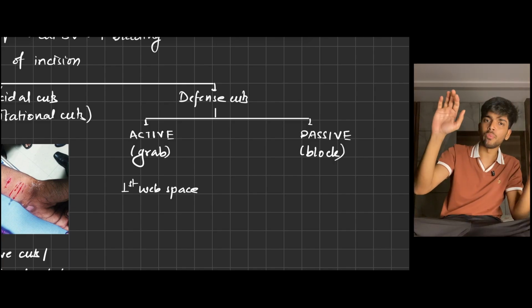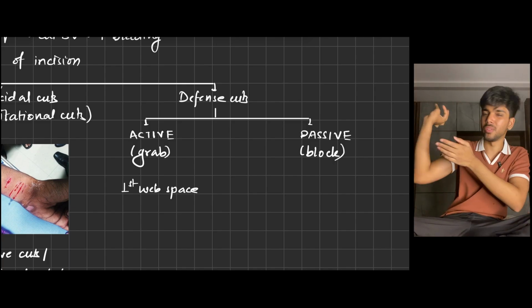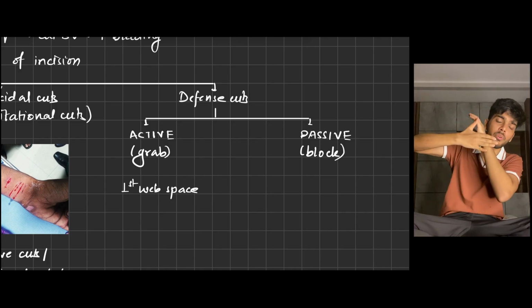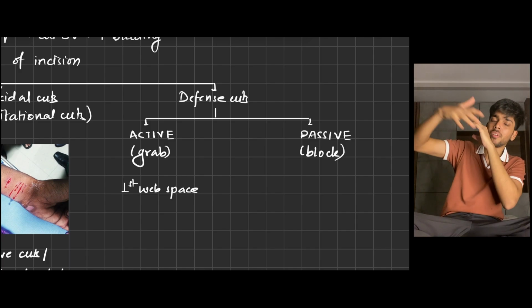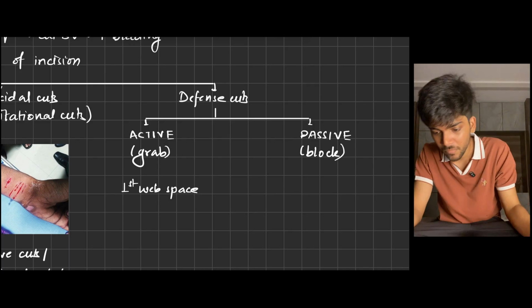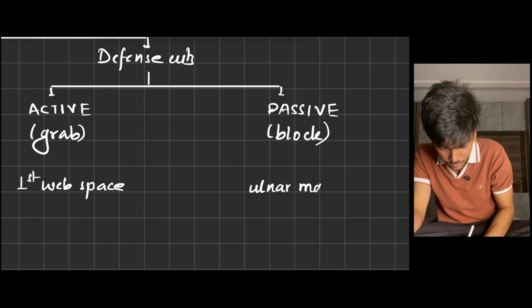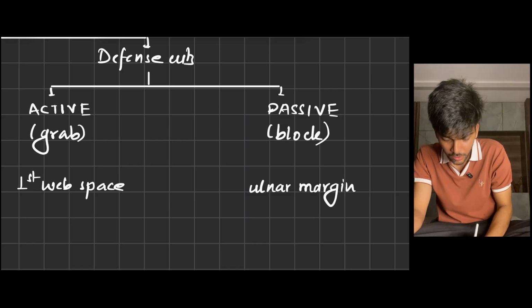Obviously, you are not going to protect yourself with the radial border. When you're protecting yourself, the ulnar border is facing the perpetrator, the attacker. So the ulnar margin, palm and fingers.